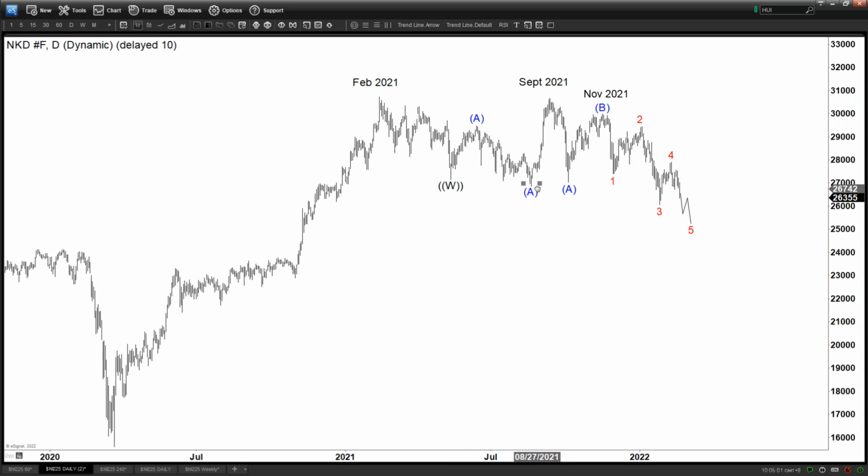Something like this is possible if you want to call this 5 waves up, expanded flat from here like this, and this is your X, right?